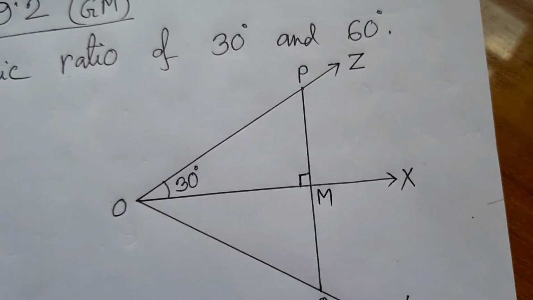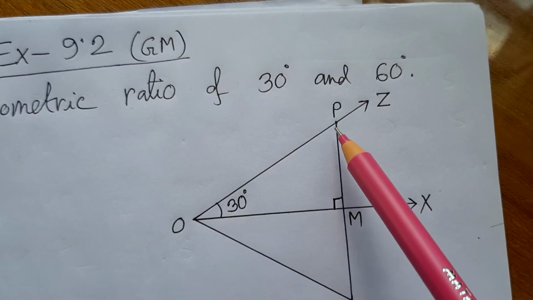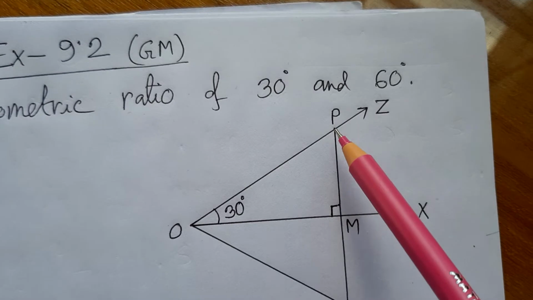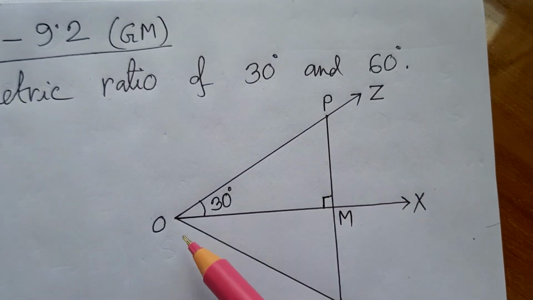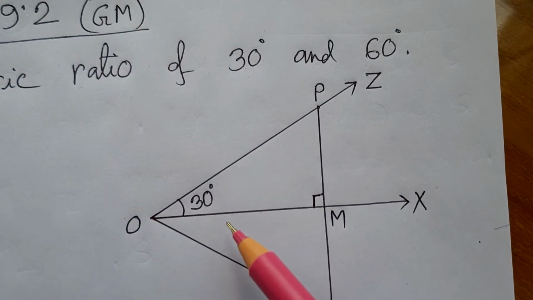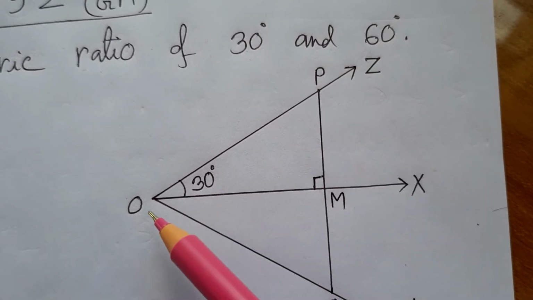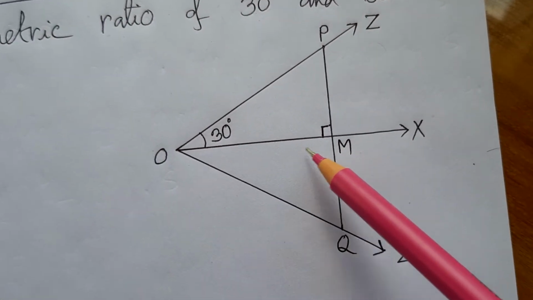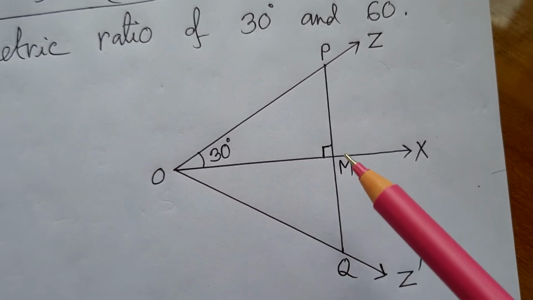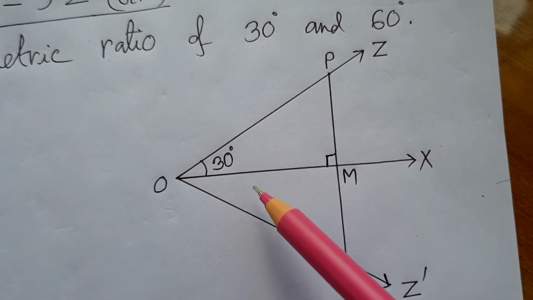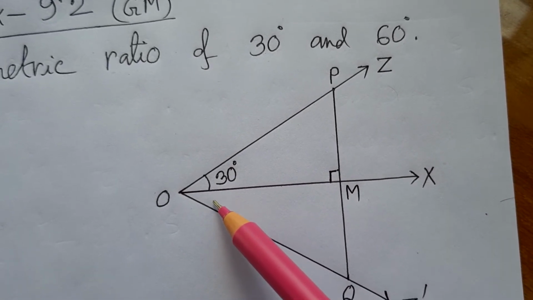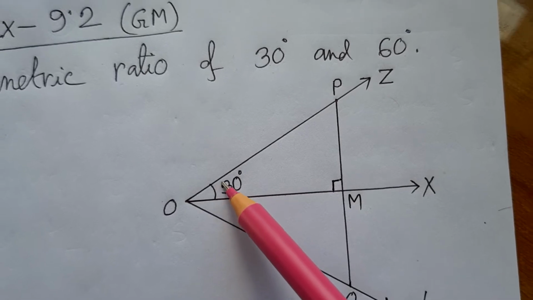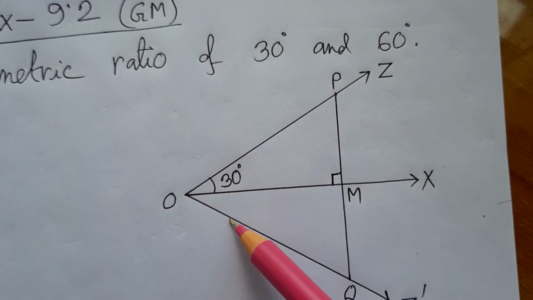Now at first we will prove that triangle POQ is an equilateral triangle, and to prove this we will first show that angle POM is equal to angle MOQ. If we can prove these two angles are equal, then we can also say that this angle is 30 degree. So therefore this whole angle is 60 degree.